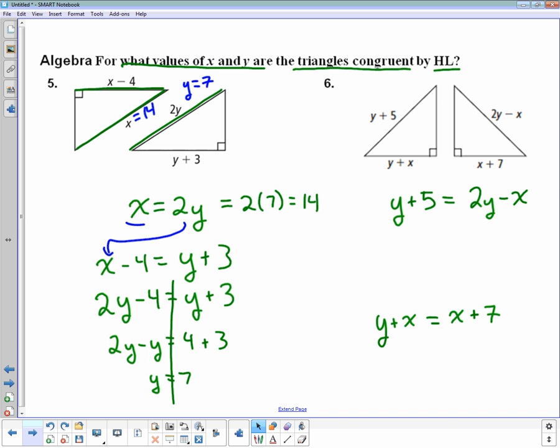Minus x, minus x. Yeah. So now you can plug in and find x.